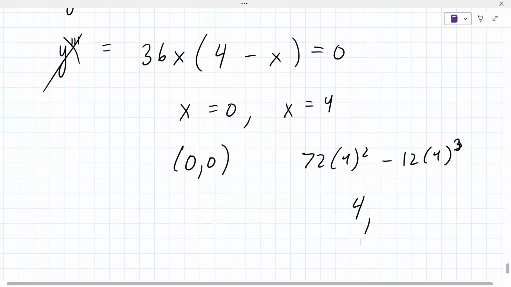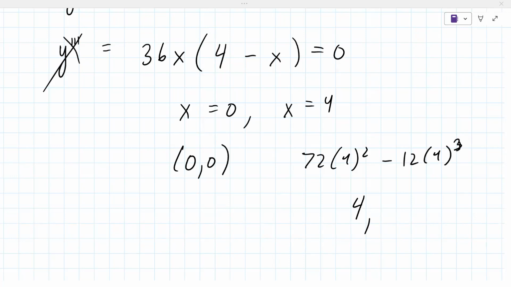3,840. All right, let me check the graph here. It's not that large. Do that calculation one more time.